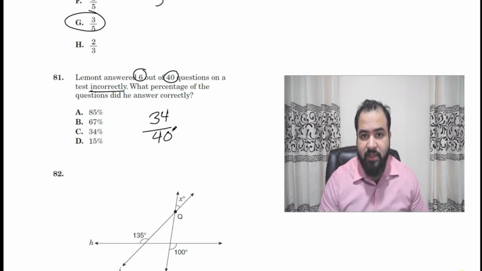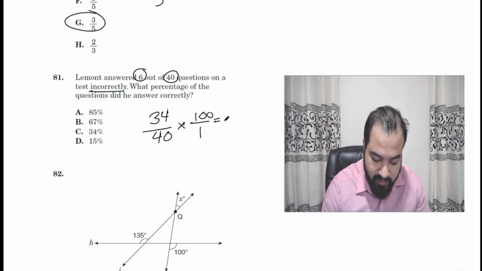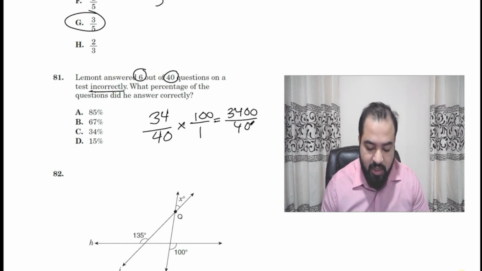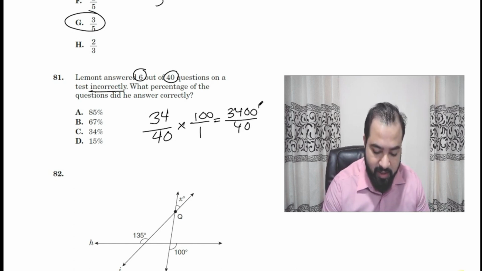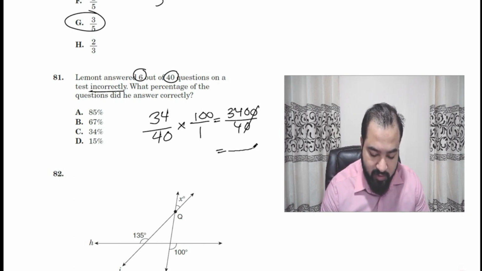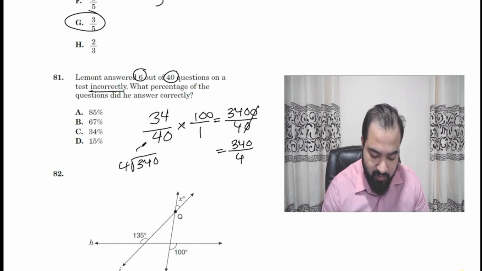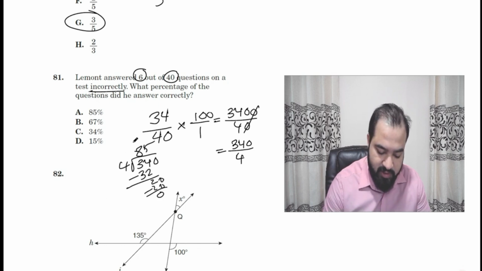To turn the fraction into a percent, multiply it by 100 over 1. That gives us 3400 divided by 40. We can simplify by dividing by 10, crossing out the zeros. Then we have 340 divided by 4, which is 85. So that's 85%.